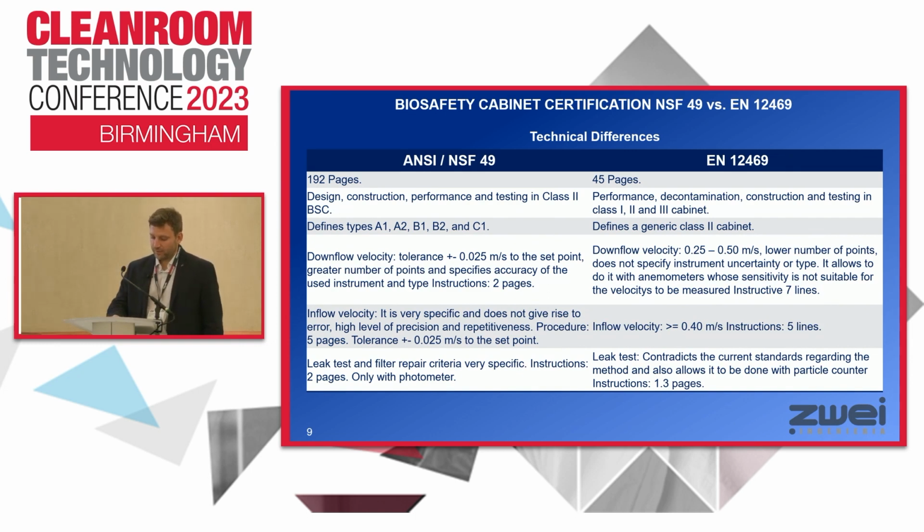EN doesn't define these types of cabinet, but defines a generic Class 2 biosafety cabinet. This is very important because, for example, if you are testing a type B2 biosafety cabinet under EN, B2 is not defined in this standard, and neither are A1, A2, and C1. What we see in EN is a generic Class 2 cabinet.